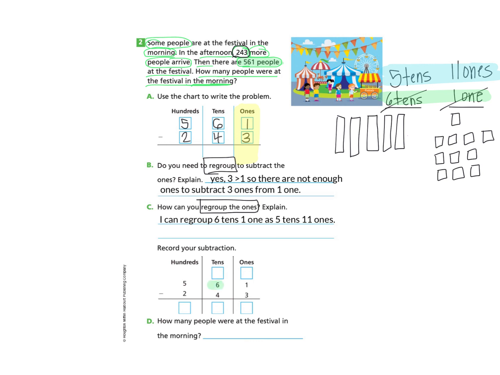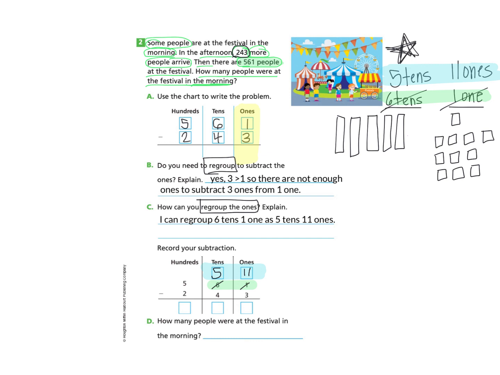So we have already shown how we have taken 6 tens and 1 one and regrouped them. So we cross these out and we regroup them as shown here to make 5 groups of 10 and 11 ones, just like we did here in this picture. So now we can do our subtraction.